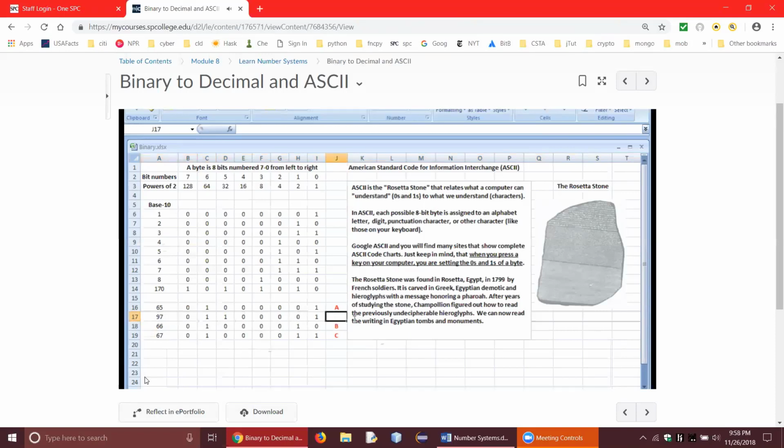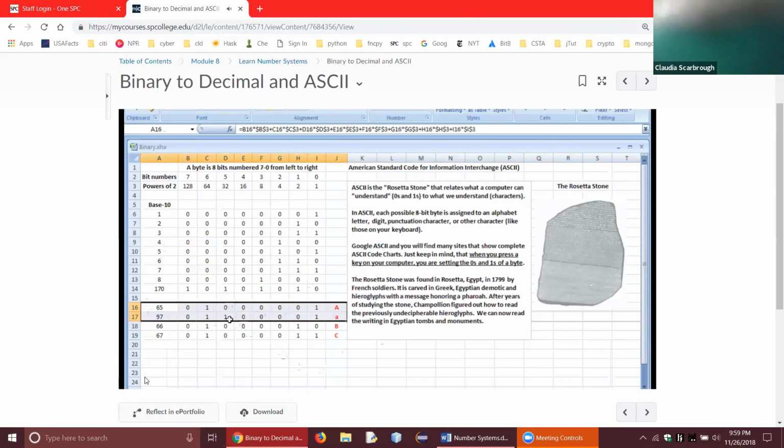Well, that happens to be lowercase a, and I'd like you to examine these two rows for a minute. The only difference between uppercase A and lowercase a is that bit 5 is on for lowercase and off for uppercase. So when you hold down the shift key and type letter A on your keyboard, you are basically turning off bit number 5.